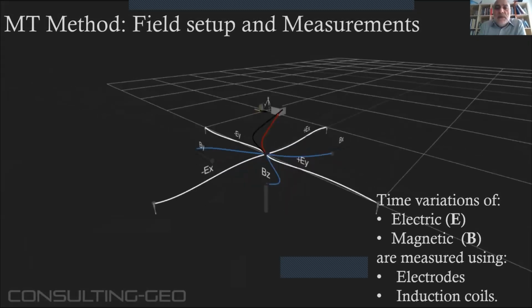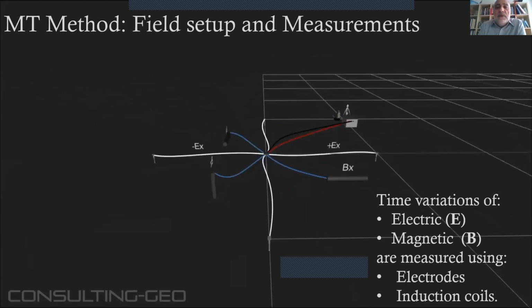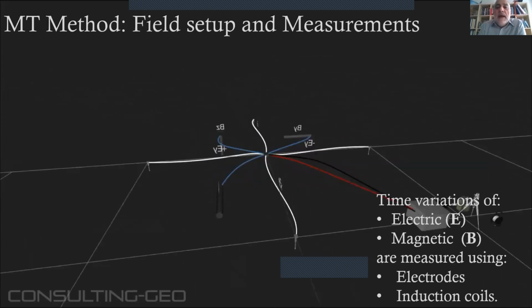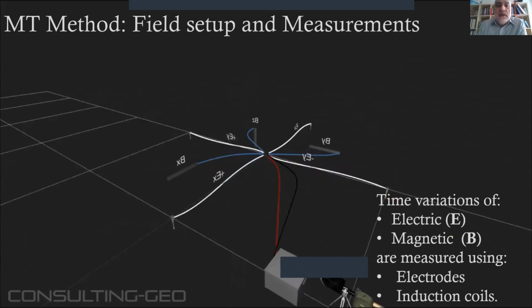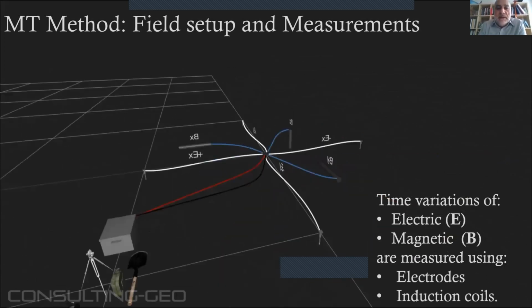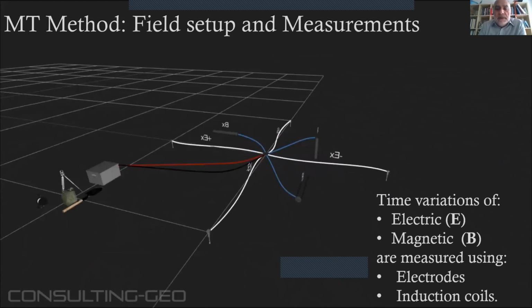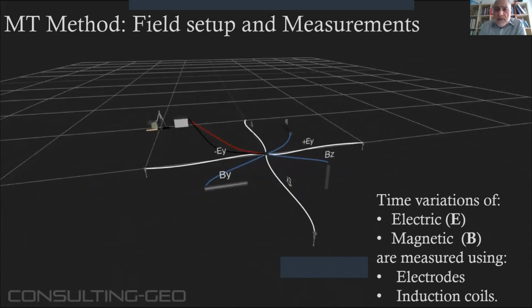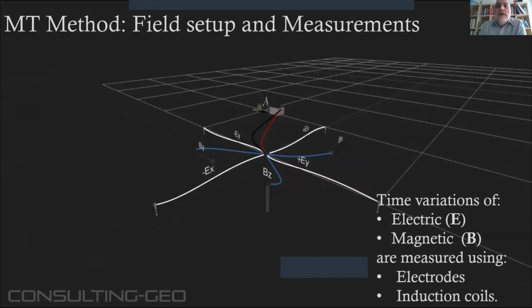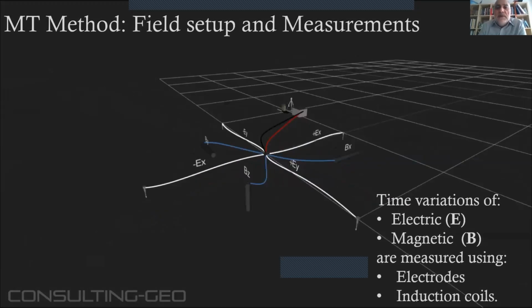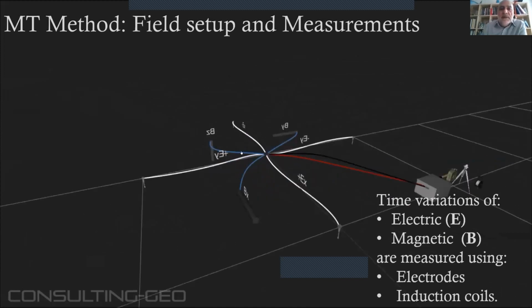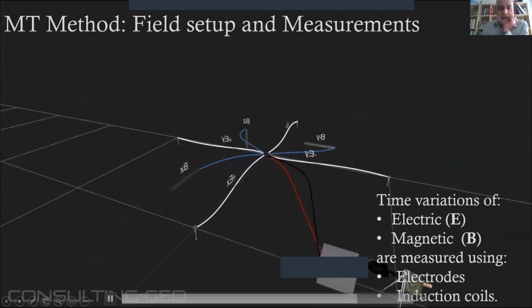Again, the horizontal components of the magnetic field should be orthogonal and parallel to the corresponding electric field, as you can see in this animation. In addition to the horizontal components of the magnetic field, we also measure the vertical component of the magnetic field, and as you can see here, this coil is buried in the subsurface.